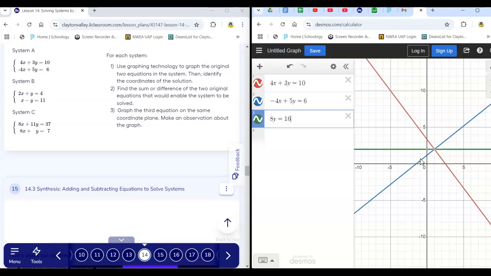And what do you notice? What does that third equation do? That third equation equals one of your coordinates, the y coordinate.